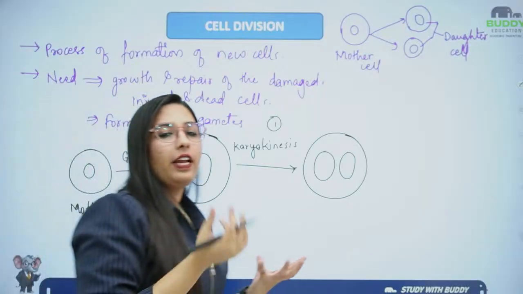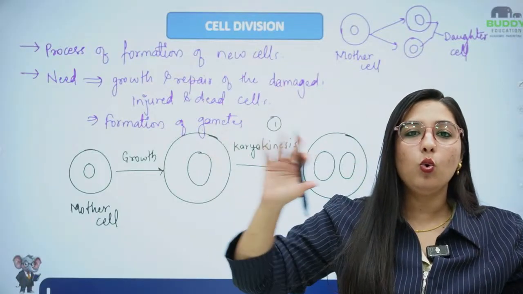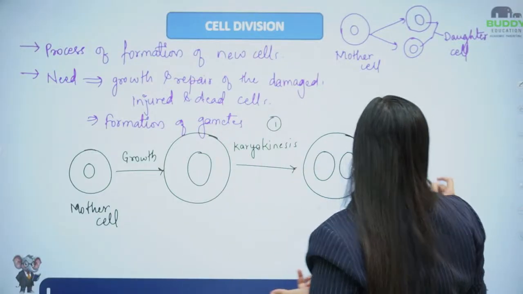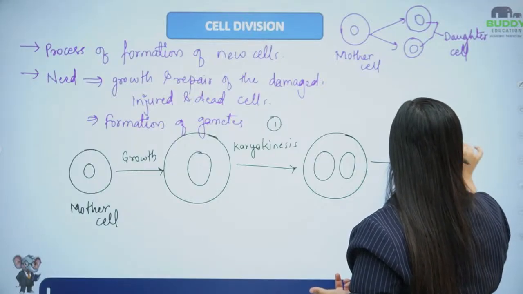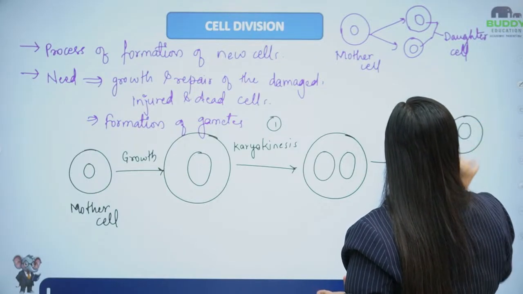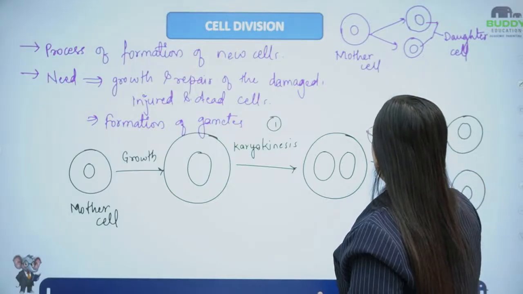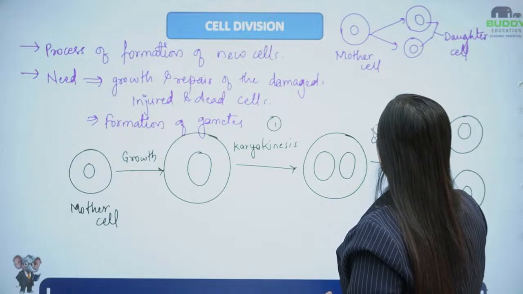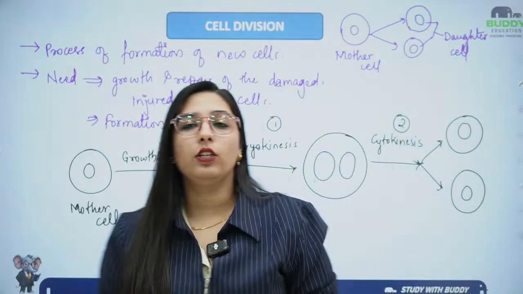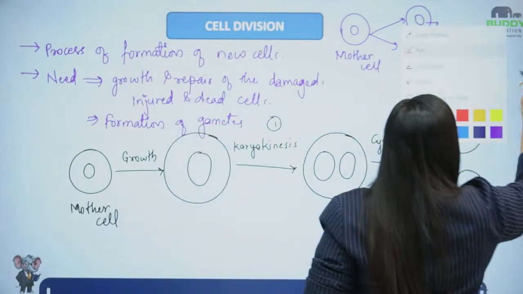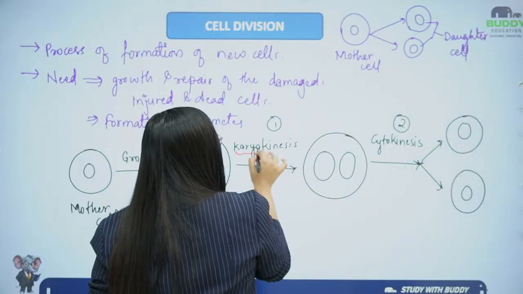After karyokinesis, this one cell including two nuclei will divide into two separate cells, and that is cytokinesis. Now the division of the cytoplasm will happen and form two different cells, and that process is known as cytokinesis. This is our second step. Karyo means nucleus and kinesis means division.